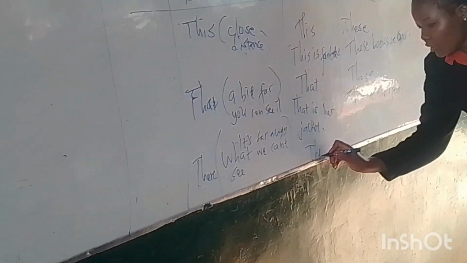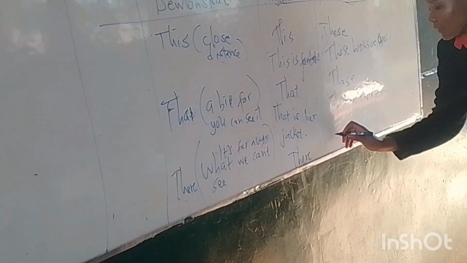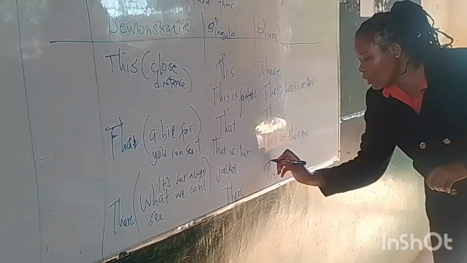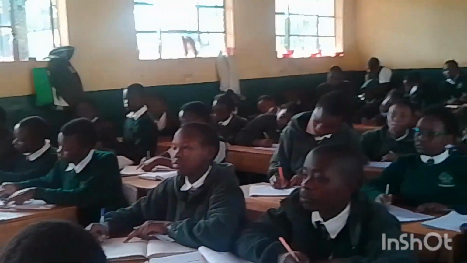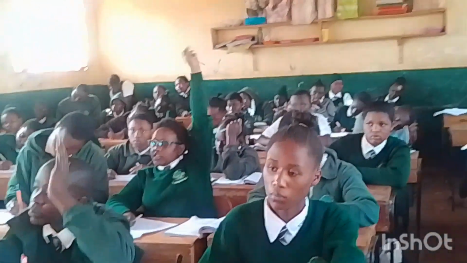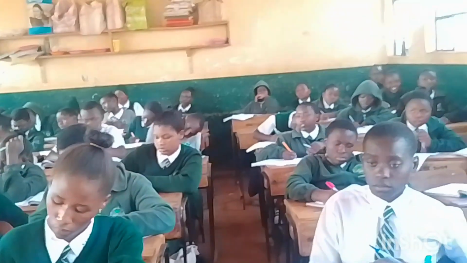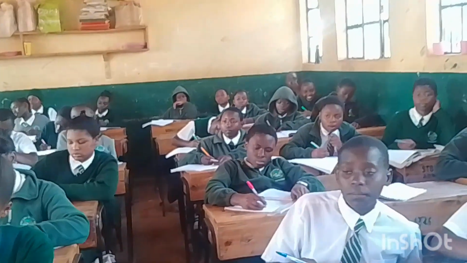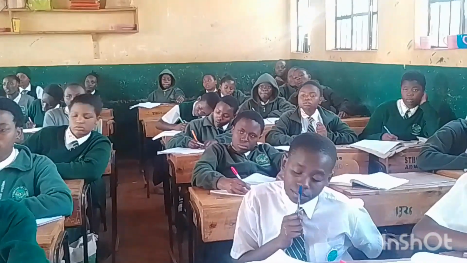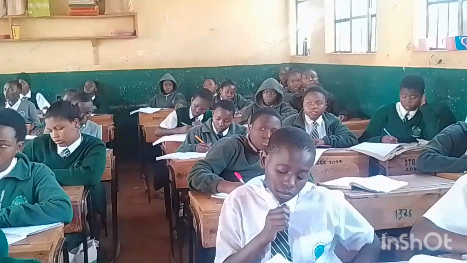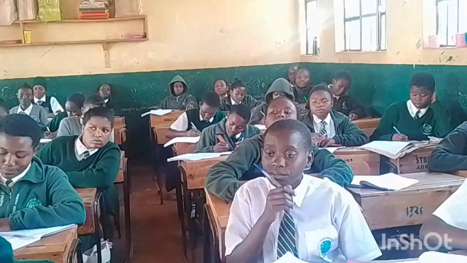So this does not have plural or singular, we just have a neutral. An example? There is where we live. And instead of starting with there, because it won't sound grammatical, we say we live there.